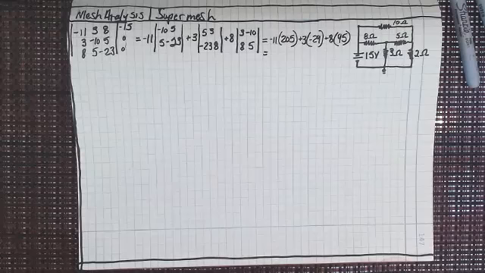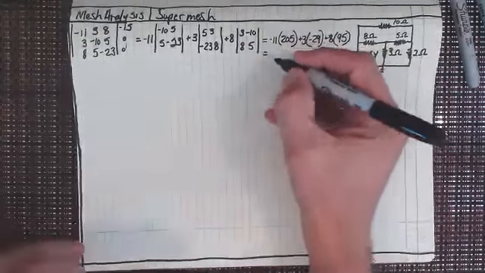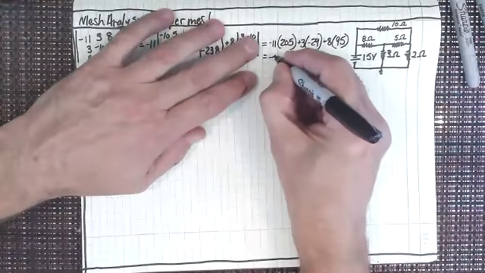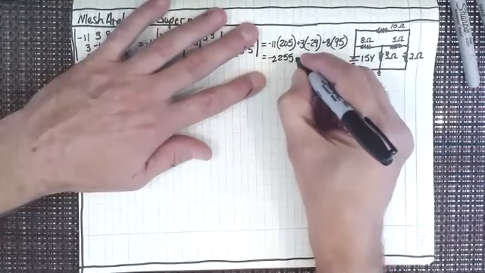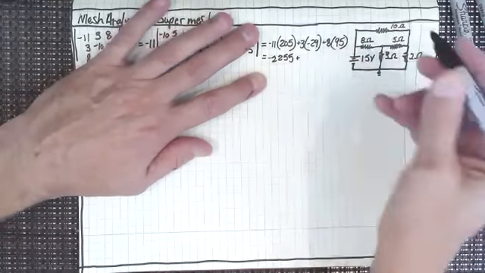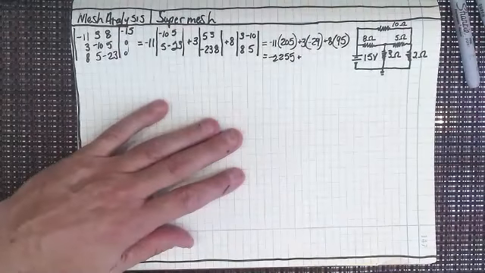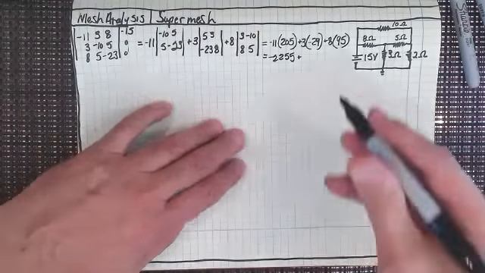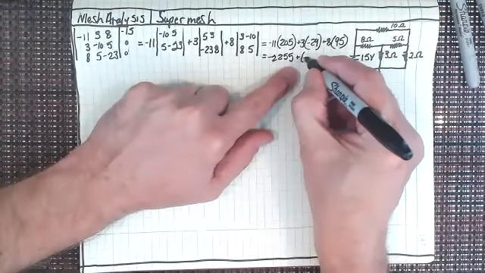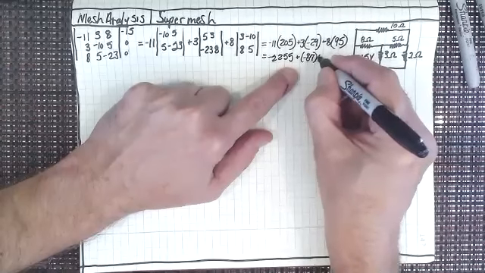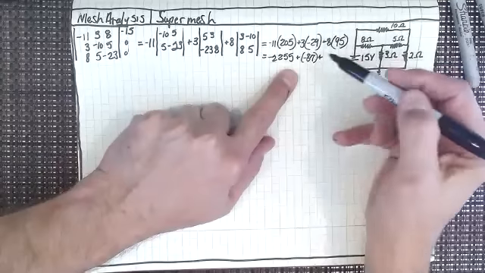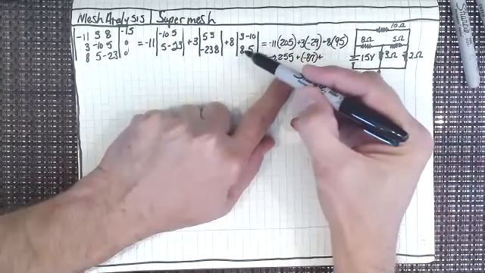So I've got 11 times 205, and that gives me minus 2255, right? Plus 3 times a minus 29, and that gives me minus 87 plus 8 times, now is that 95? Let me do 15. Yep.